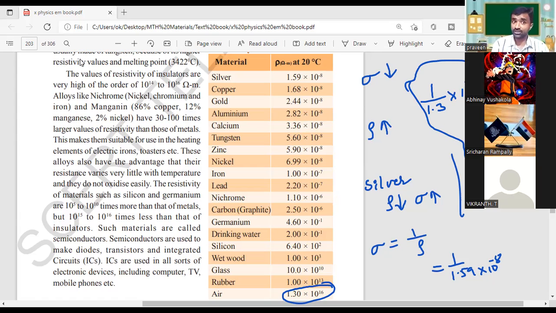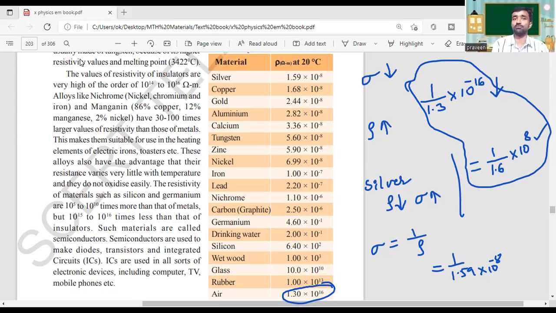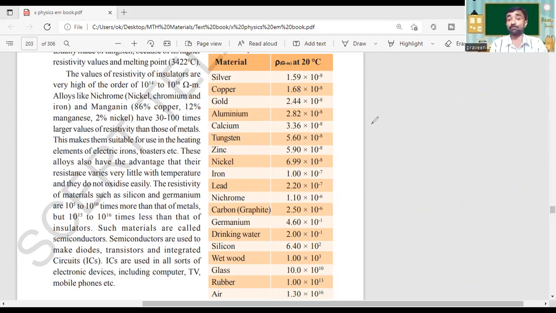So much information is given in the table. Don't neglect this table, right? So you are deciding the material as best conductor or bad conductor depending on the resistivity values. Then you are deciding the conductivity value: highest conductivity, lowest conductivity, highest resistivity, lowest resistivity.